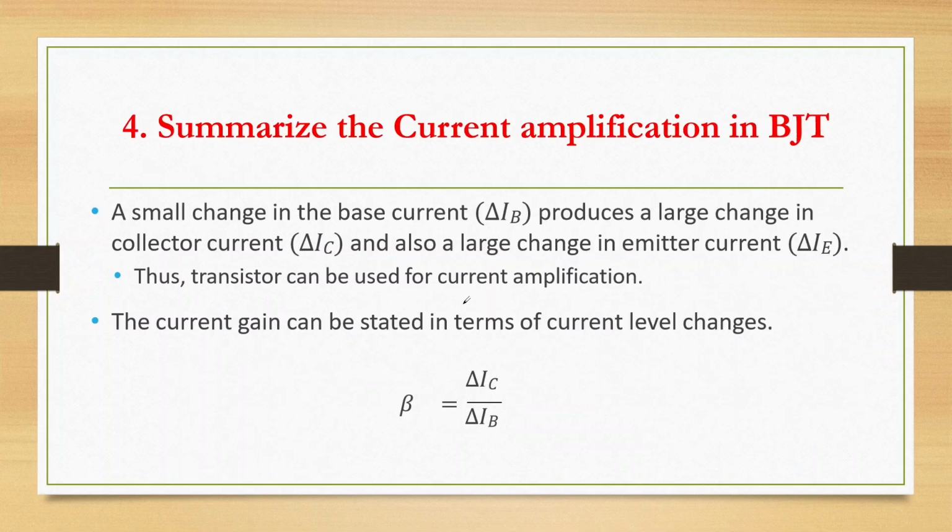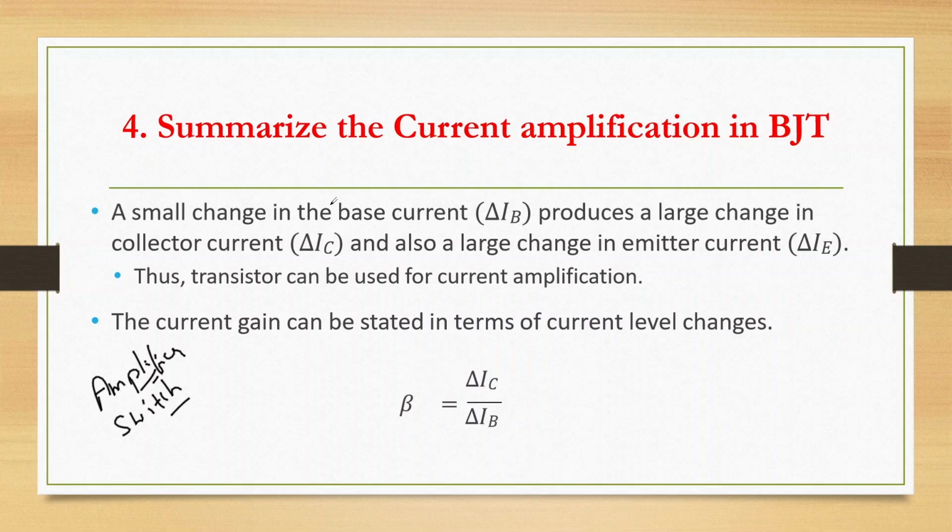So next, you might also get one more important question, because the BJT can be used in two applications, that is as an amplifier and as a switch. So how is it used as an amplifier, or how is the current amplification done in the BJT?